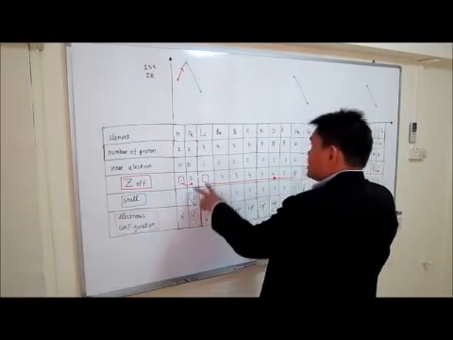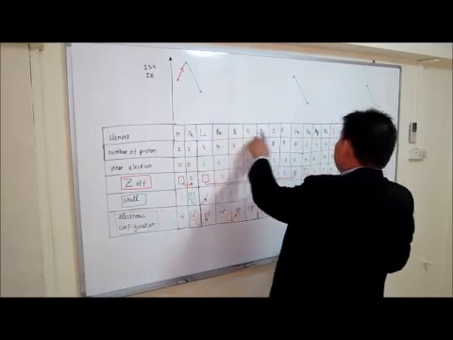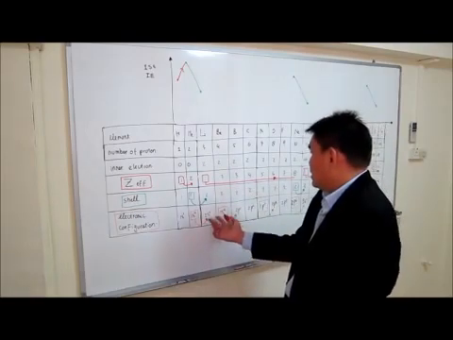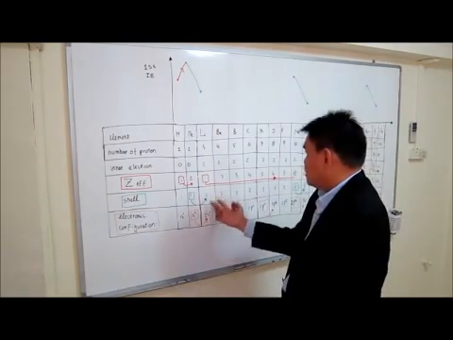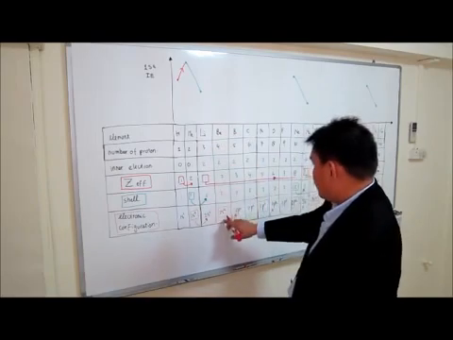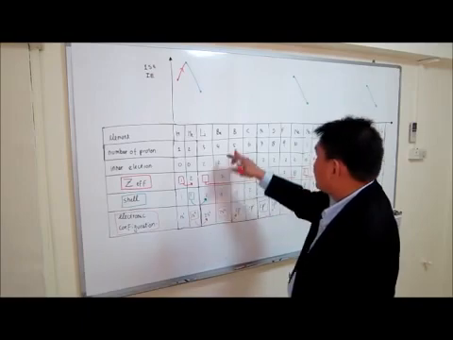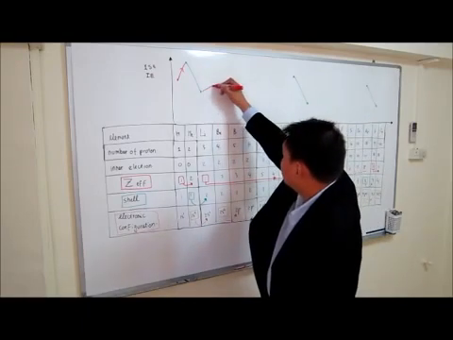Now in the case of lithium to neon, you're going to draw the red arrow, but it will stop, it will be a bit jagged. Stop at beryllium, so like this.